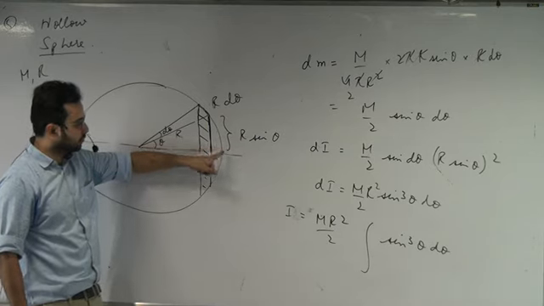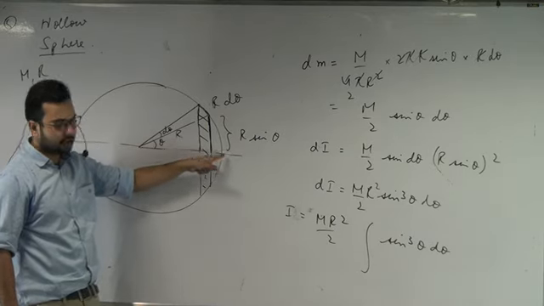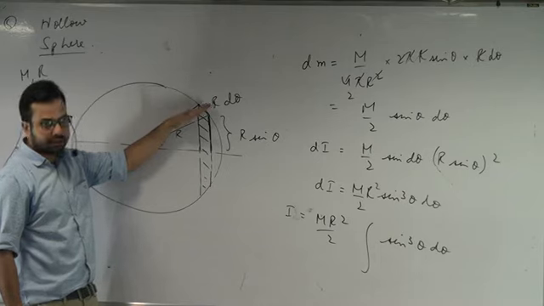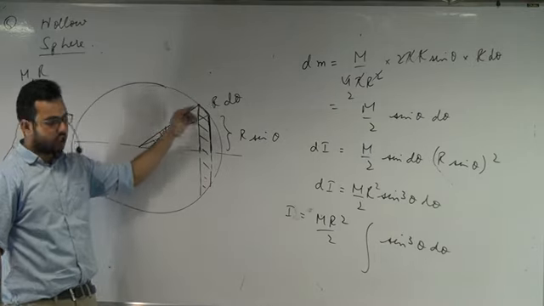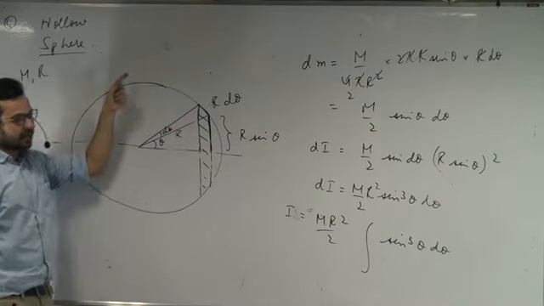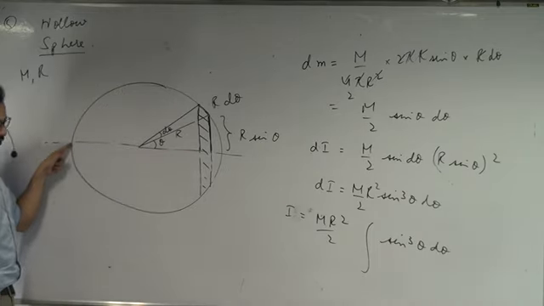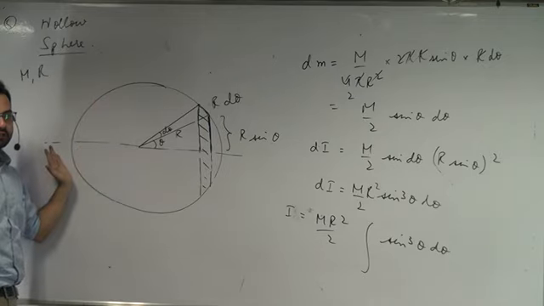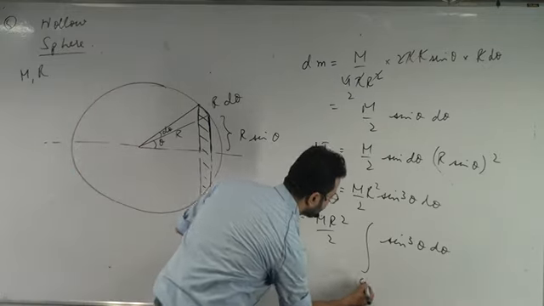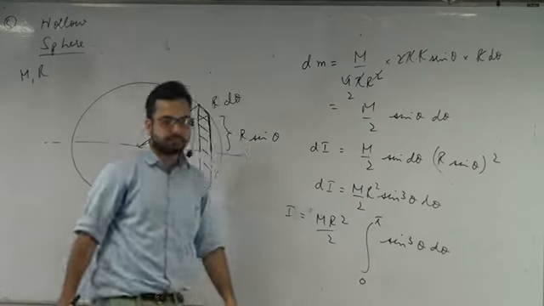You get this ring, you go to 90, you get this entire ring, you go further, you get that entire ring, then finally when you are here, you have covered all the rings. Okay, so it has to go from where? It has to go from 0 to pi.